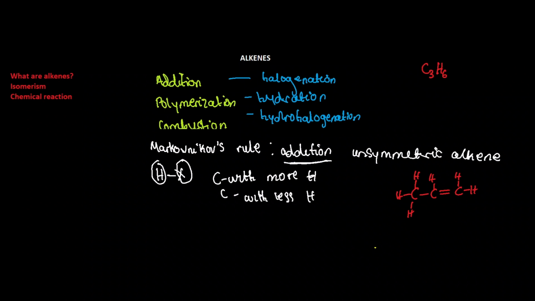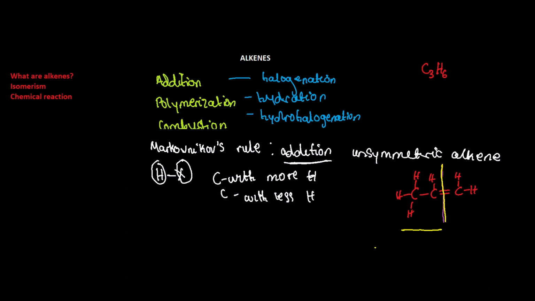We have hydrogen attached here and hydrogen here and here. Now this is an alkene. How do we know if this alkene is unsymmetrical or not? If we draw a vertical line through the double bond, a vertical line looks like this.